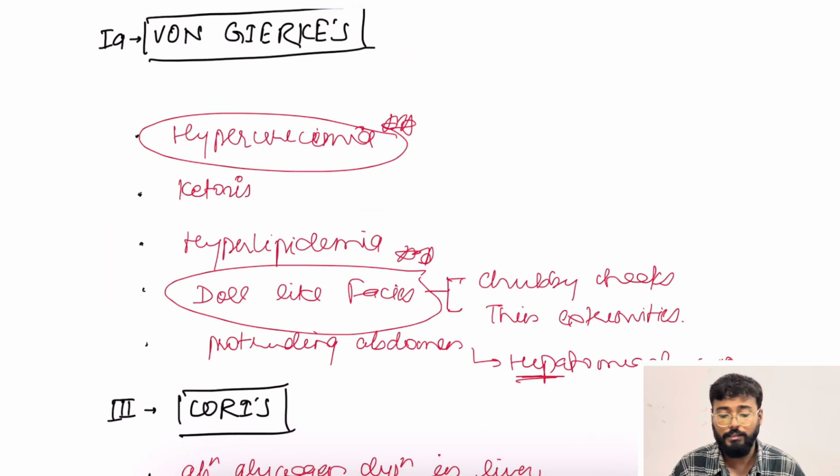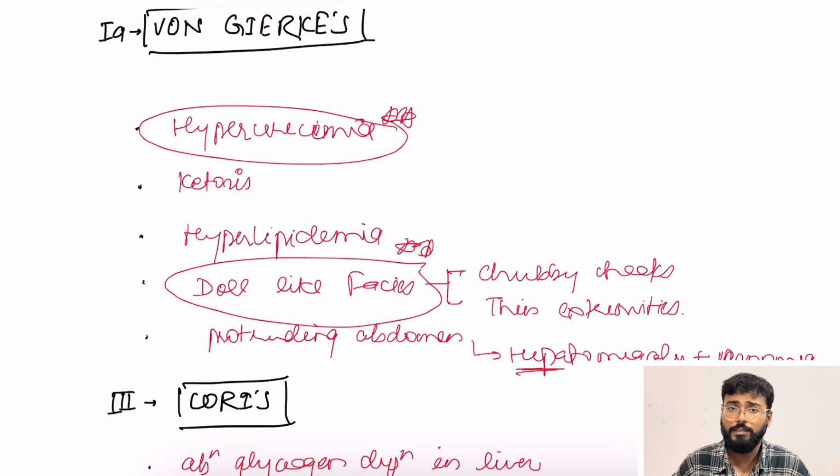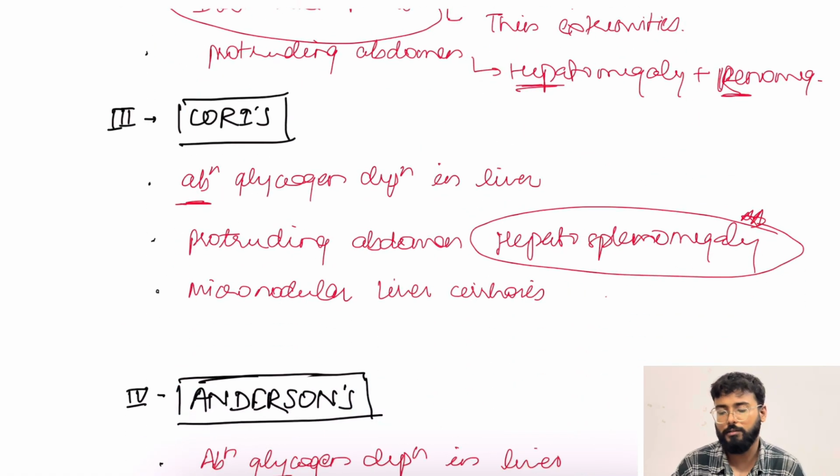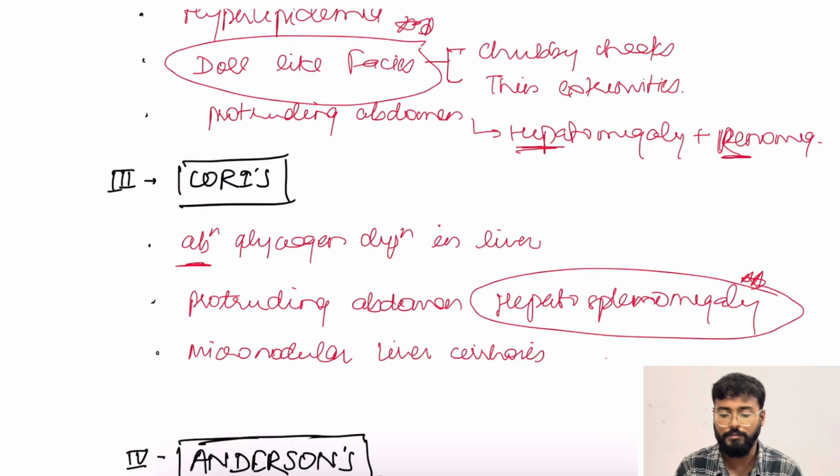But if ketosis is given along with chubby cheeks, thin extremities, and hyperuricemia, this is going to be von Gierke's. You need to be careful that ketosis and cirrhosis is the defining feature of Anderson's.